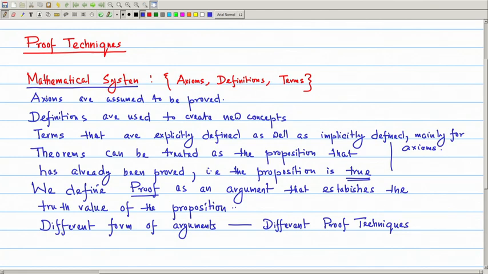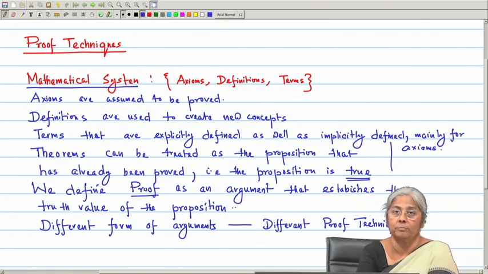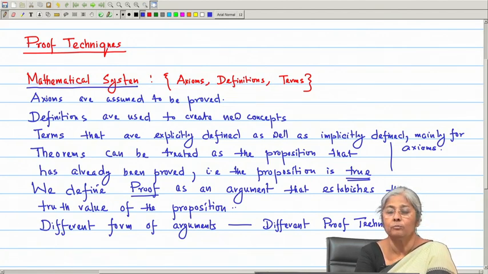Now, from our previous knowledge we know the terms lemma and corollary associated with theorem. These we can treat as different forms of theorems.